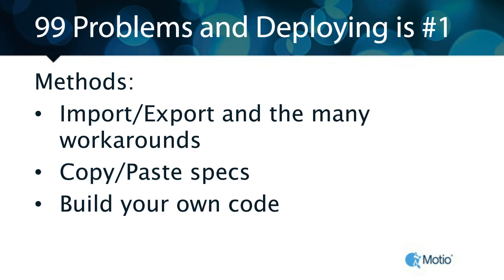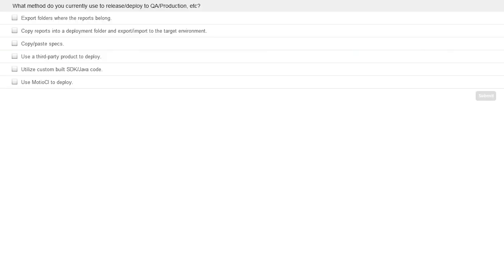I'm quite interested how you do it today, so I will start a poll question and let us know what your method of deployment is. I think by now everybody has filled it in, so let's take a look at the results.